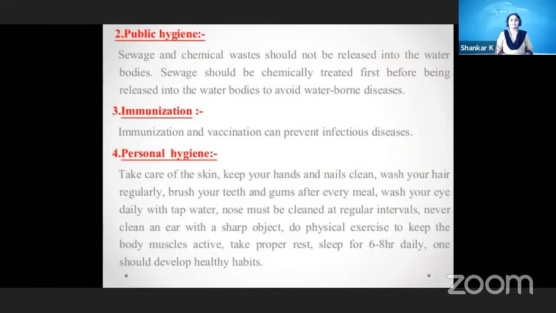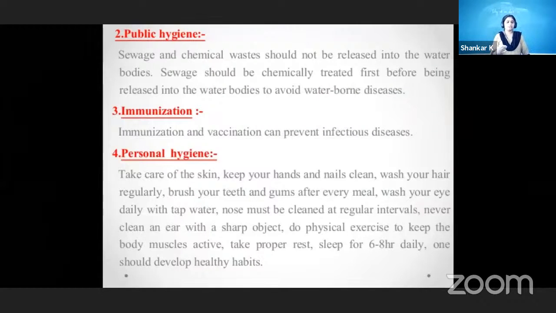So the first point is public hygiene, which here covers sewage and chemical waste. Sewage means garbage disposal waste, and chemical waste should not be released into the water bodies.